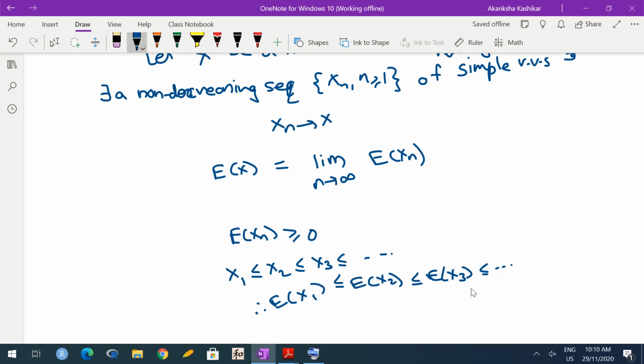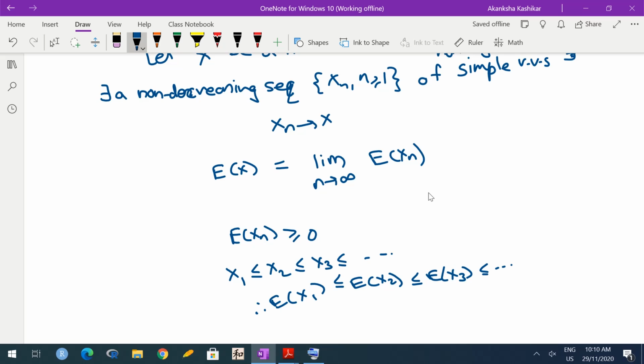So this becomes a monotone increasing sequence of real numbers, and in fact non-negative real numbers. So it can either converge to a finite value if it is bounded above, or it would go to infinity. Okay, but in either case we can say expectation x is that value.